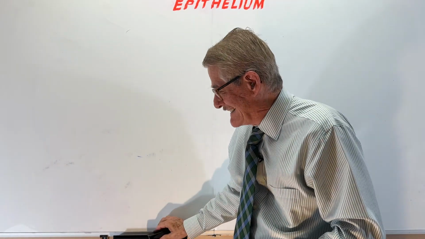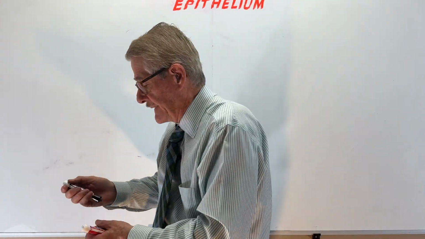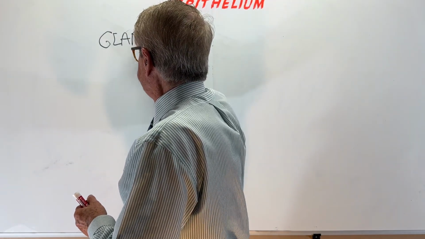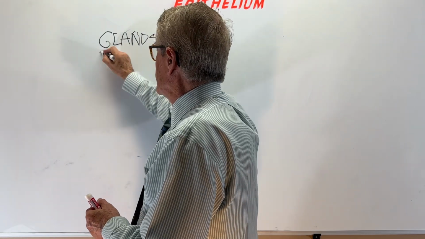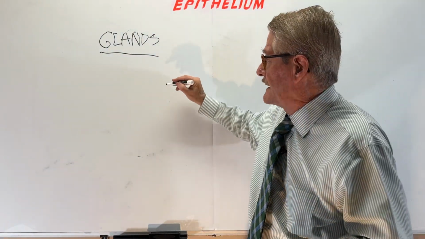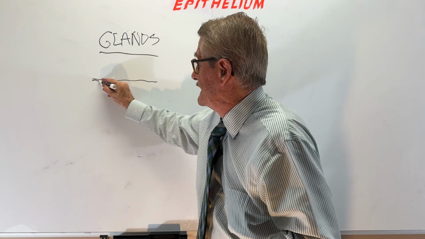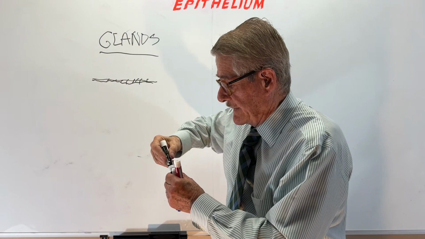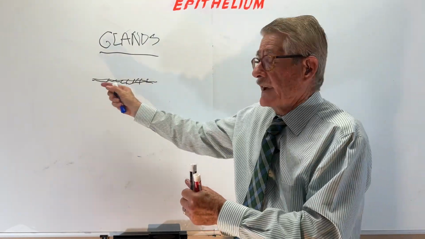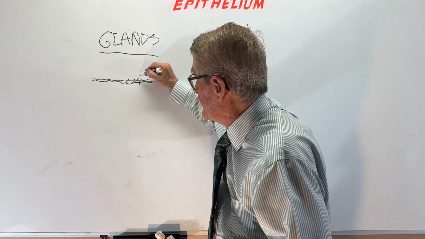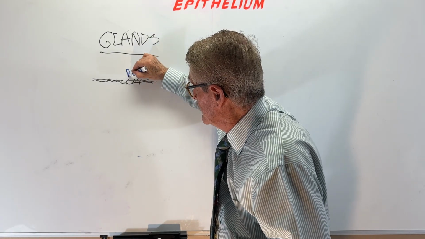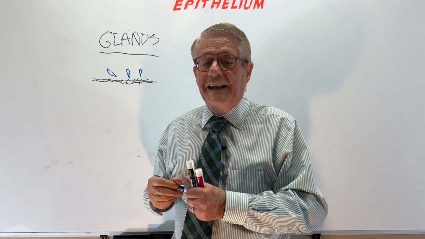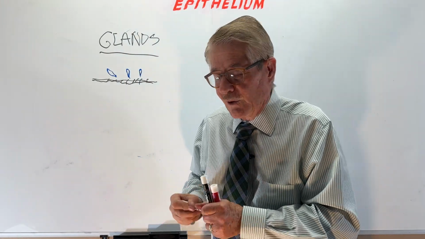And we're going to talk about the subject of glands. Let's be very simple. If you have a layer of cells here that needs to secrete something, I'm going to add something here, like this group of cells needs to secrete something. It could do a better job if it did the following trick.